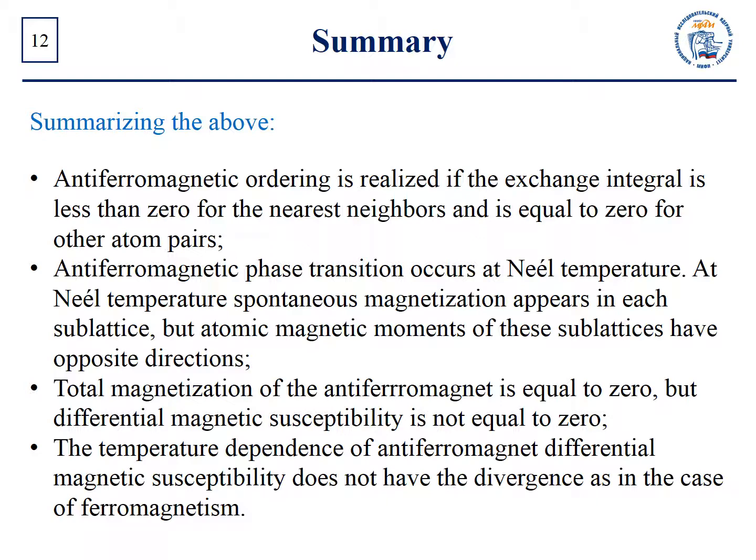We found that in spite of the total magnetization of an antiferromagnet being equal to 0 and the traditional magnetic susceptibility being equal to 0, its differential magnetic susceptibility is not equal to 0. Moreover, in the case of antiferromagnetism, the temperature dependence of differential magnetic susceptibility does not have the divergence, as in the case of ferromagnetism.